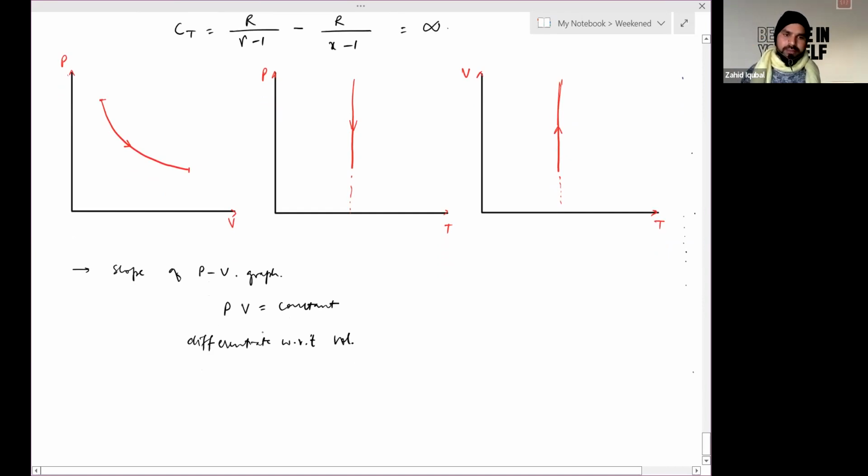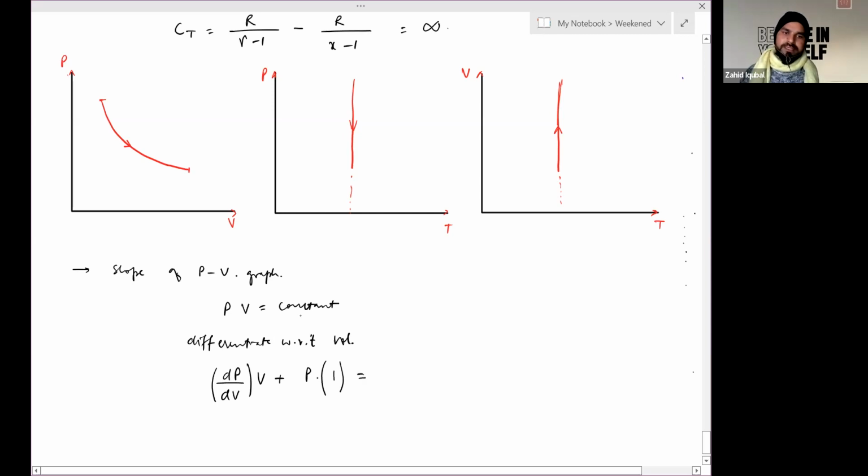Using the product rule, we can say differentiation of the first quantity multiplied by the second term plus differentiation of the second quantity multiplied by the first term. So differentiation of volume in this case will be just 1.